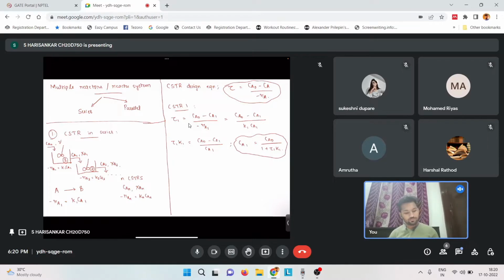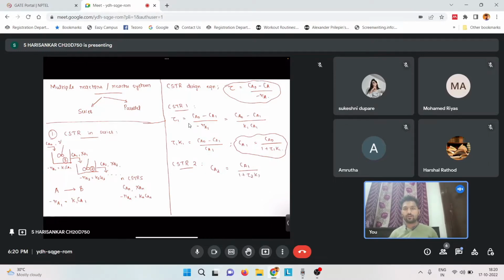Now we can do the same thing for CSTR2, and we'll arrive at an equation CA2 is equal to CA1 by 1 plus tau 2 K2.